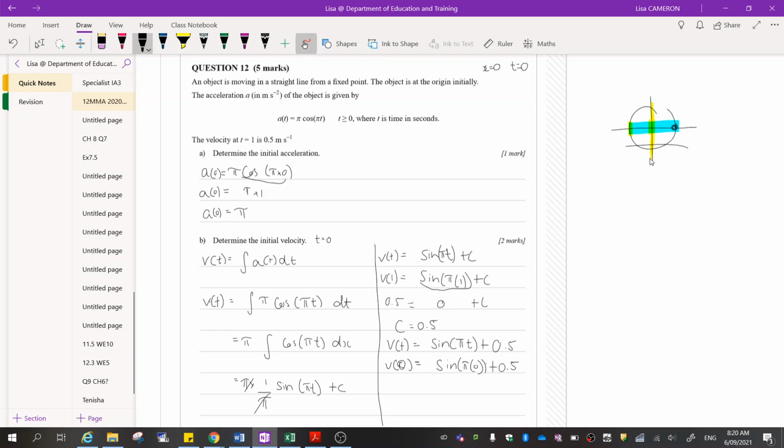Okay, so now we're looking at when we've got sine of 0. So that's here. The x-coordinate for that one is 1. Our y-coordinate is 0. So this is equal to 0. That means our initial velocity is equal to 0.5 meters per second.